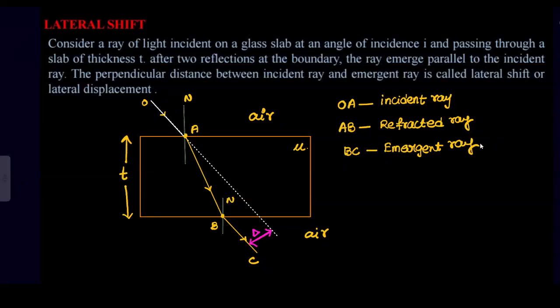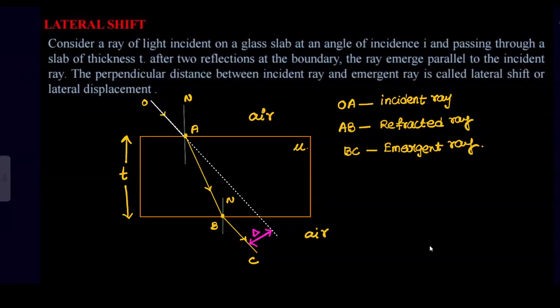So there is a shift between the incident ray and the emergent ray. That shift is called the lateral shift, and that lateral shift we need to find out now.